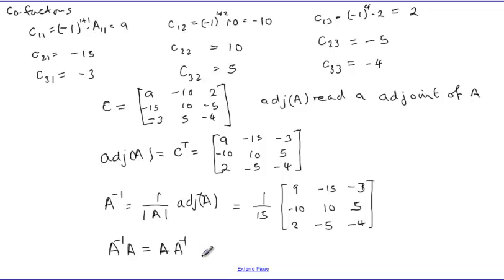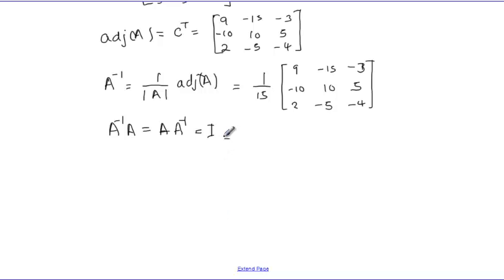If our work is correct, we must get an identity matrix, which should be equal to a 3 by 3 identity, which would be 1 0 0, 0 1 0, 0 0 1. That's that. And I encourage you to check it. Let's check it together so that we show that we get that.